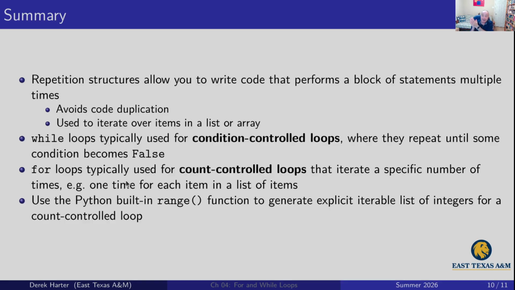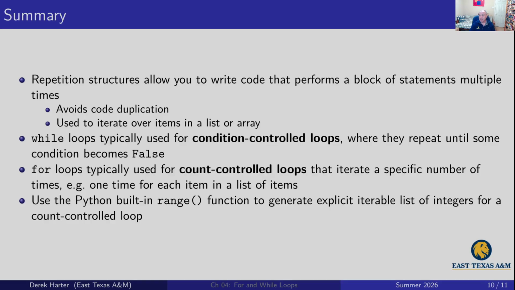Okay, normally what we mean by count controlled loop here for a for loop in Python is we're going to do it some exact number of times, and usually what that means is we have some sequence of values that has an exact number of values in the sequence. So if the sequence has 5 items in it, we want our count controlled loop to execute 5 times, 1 time for each item in the sequence.